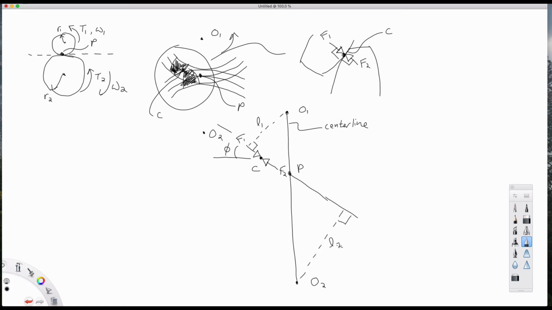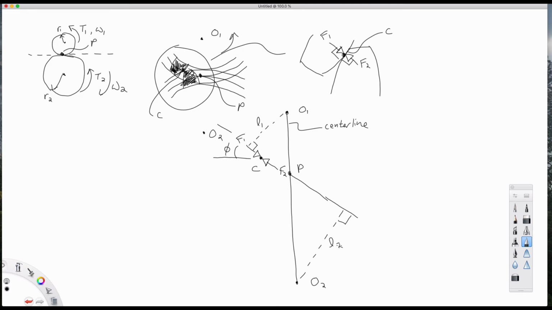Similarly, we can draw a perpendicular line from the axis of rotation of gear 2 to the pressure line. This line is perpendicular to the pressure line, and that's going to be the moment arm for F2 that produces a torque for gear 2.